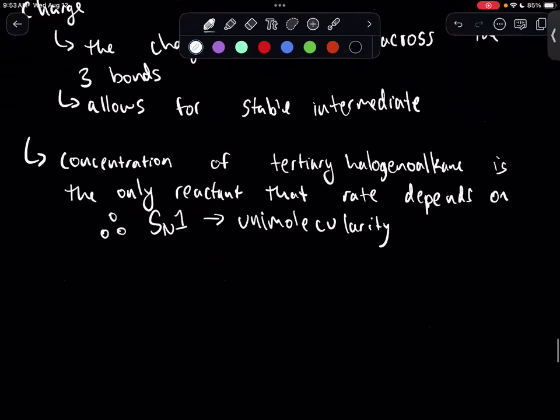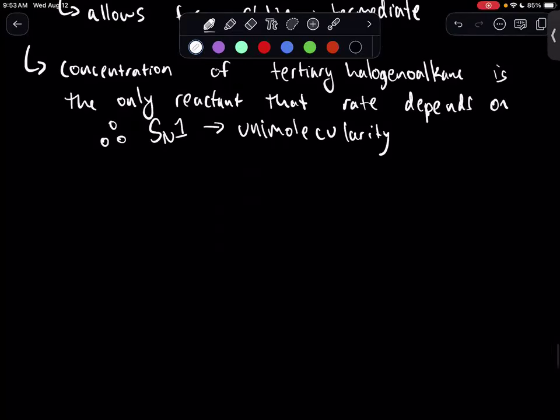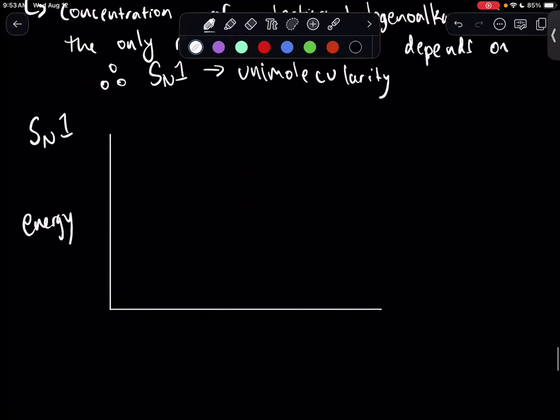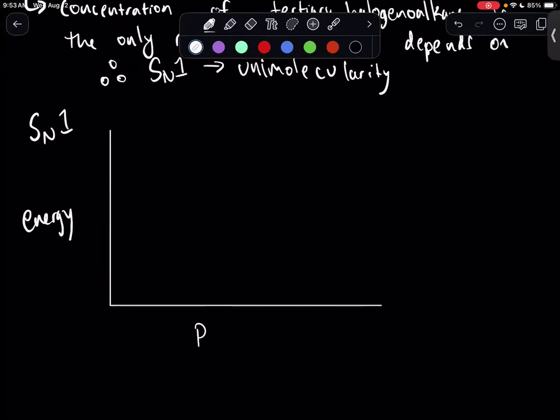All right, so because we know that we form a stable intermediate, the energy profile for an SN1 reaction looks very different than for an SN2 reaction. And again, the DP loves, loves, loves to give you these types of energy profiles and have you tell them whether it's SN1 or SN2 and how do you know.